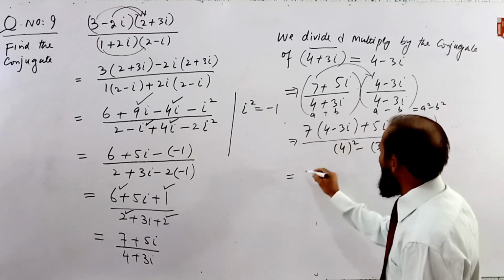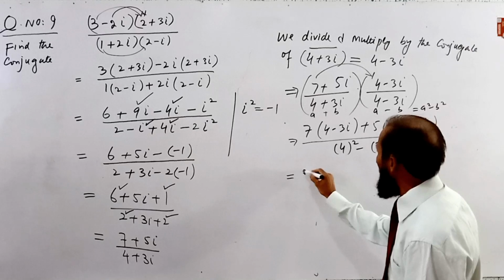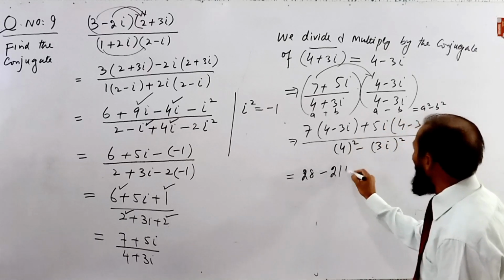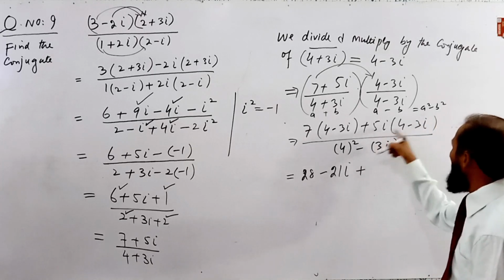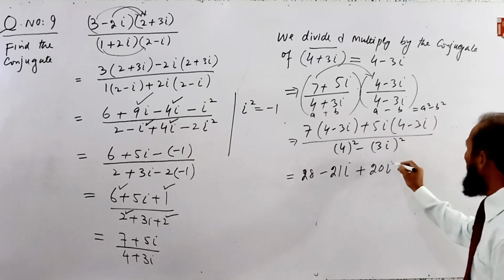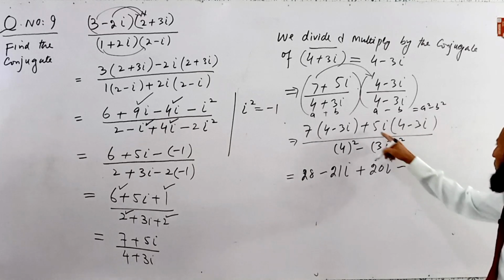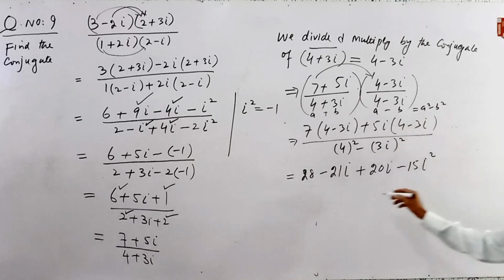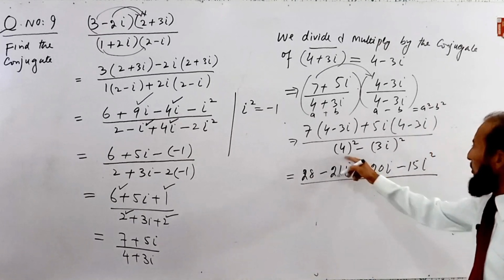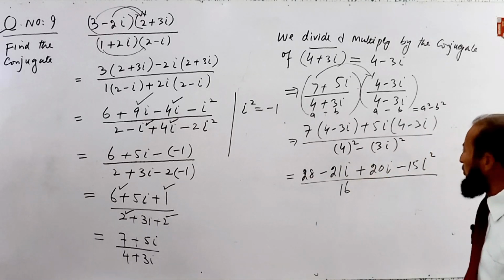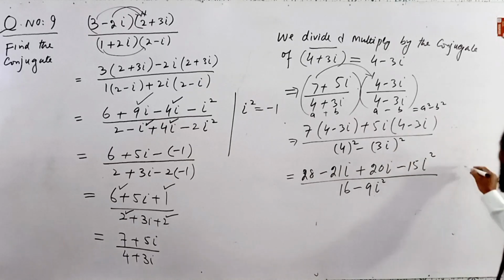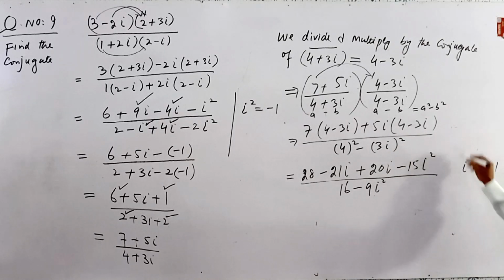The result is 7 multiplied by 4, 28, minus 7 multiplied by 3, 21i, plus 5 multiplied by 4, 20i, plus into minus, minus 5 multiplied by 3, 15i multiplied by i, i square, and the denominator will be 4 square, 16, minus 3 square, 9 i square. Once again we put i square equal to minus 1.